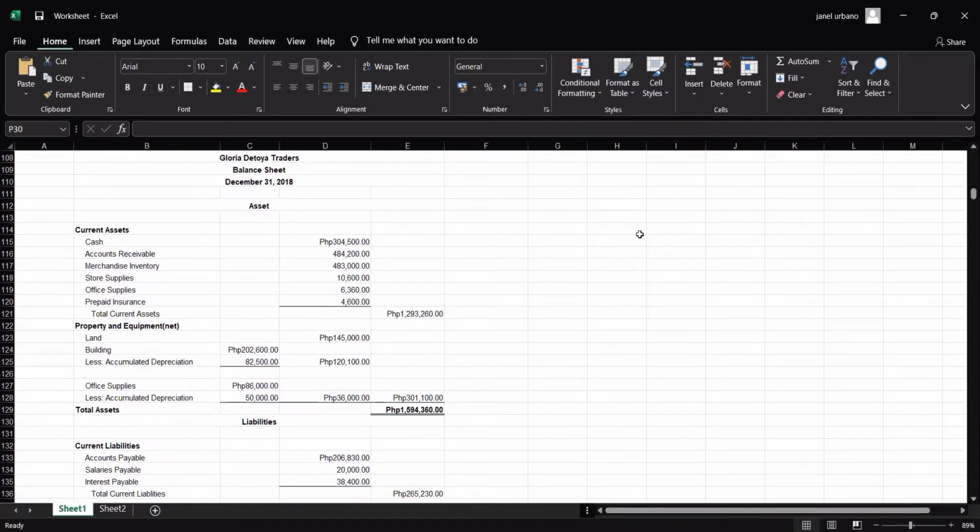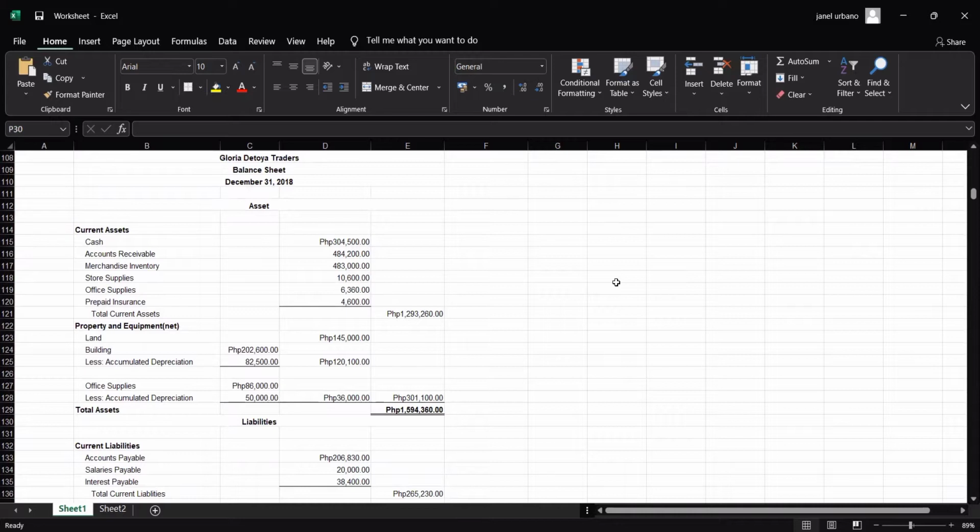First, what are the examples of current assets? There are cash, accounts receivable, merchandise inventory, store supplies, office supplies, and prepaid insurance. We will add all of them and get the total current assets of 1,293,260. Then, the other one is the property, plant, and equipment.